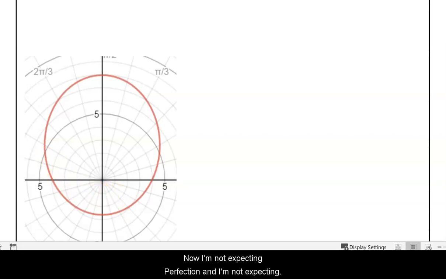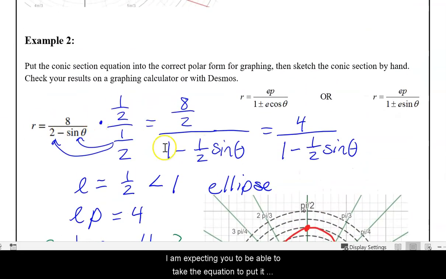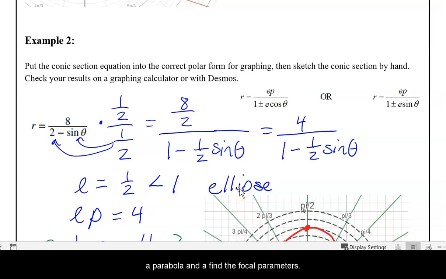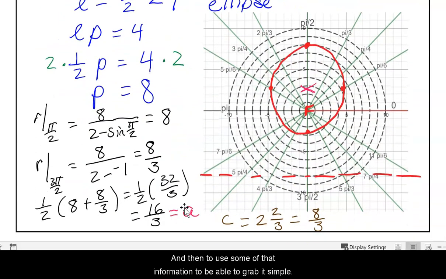Now, I'm not expecting perfection, and I'm not expecting perfectly drawn conic sections. I am expecting you to be able to take the equation, to put it in the correct form, to tell me if it's an ellipse, a hyperbola, or a parabola, and to find the focal parameters, and then to use some of that information to be able to graph it simply.